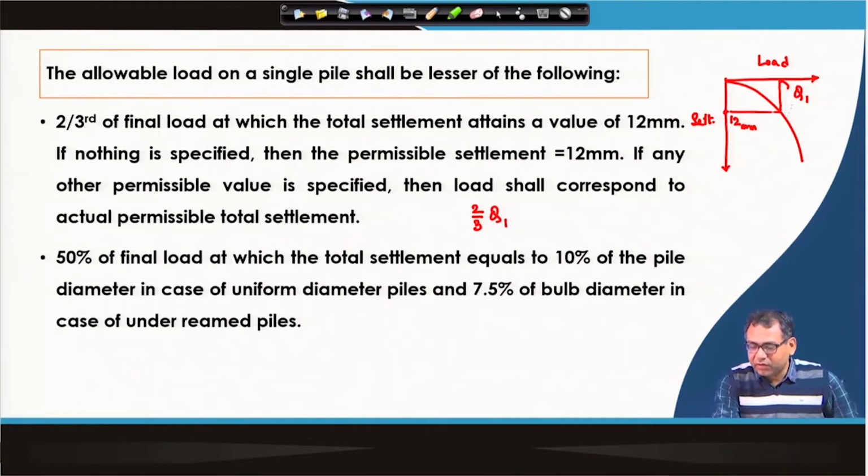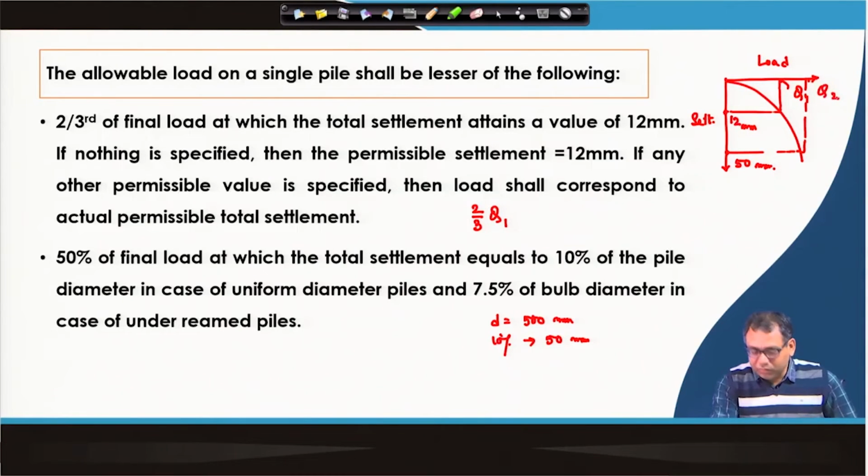So, it is 12 millimeter corresponding to Q1, and we are taking 2/3 of that Q1. Next one, 50% of pile diameter. For example, if the diameter of the pile is 500 millimeter, then 10% of that will be 50 millimeter. So, we will go to 50 millimeter settlement for this particular case, and this is the corresponding load.